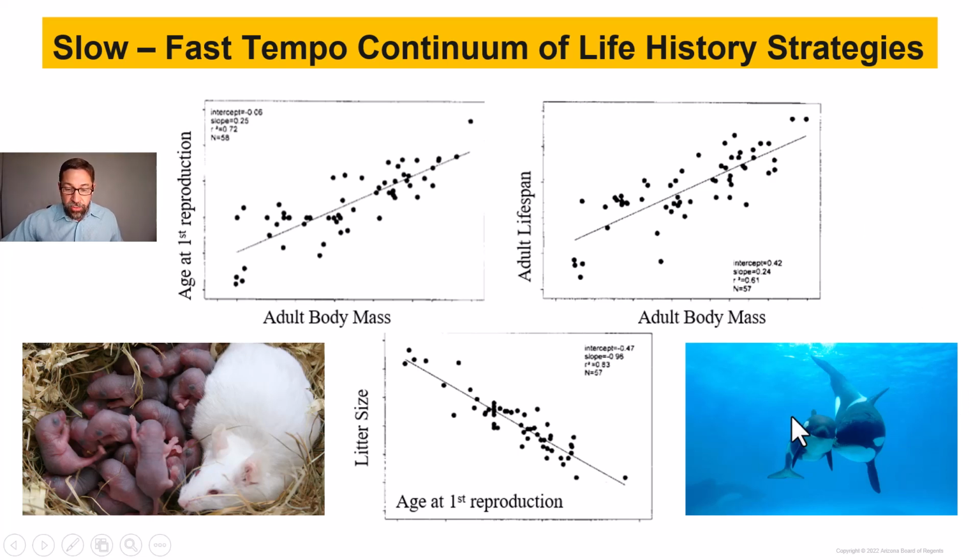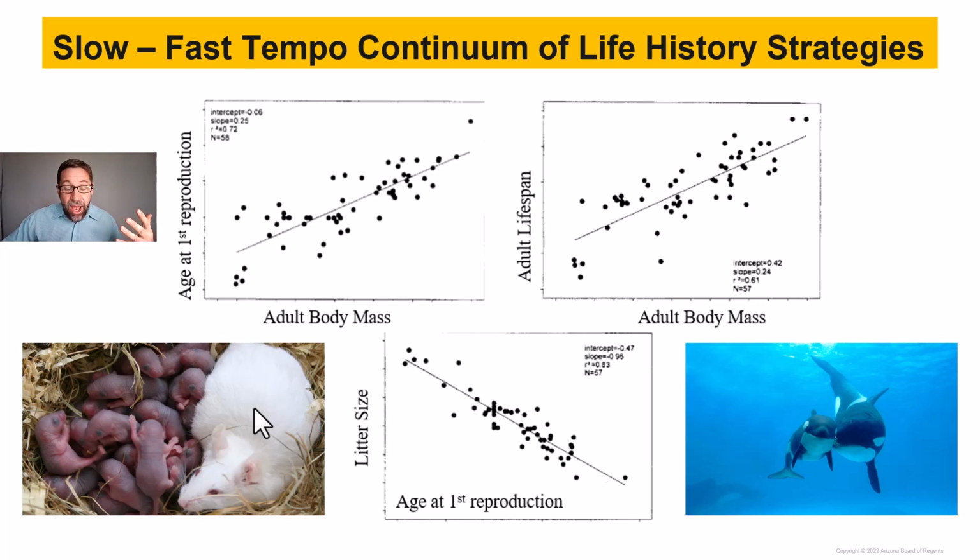So this is informative. If you're a mammal that reproduces early, so this is age at first reproduction, you have much larger litter sizes. As an example, my students at EMCC, we raise rats because we have an extensive snake collection, too many snakes. And so we have to feed all of those snakes. So we breed rodents in my lab.